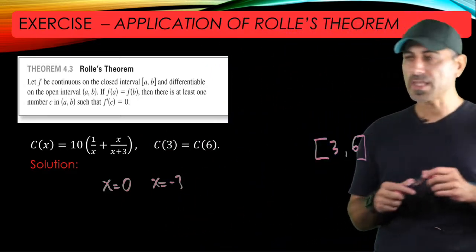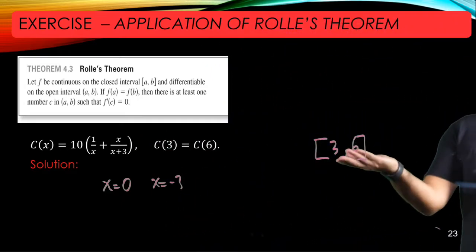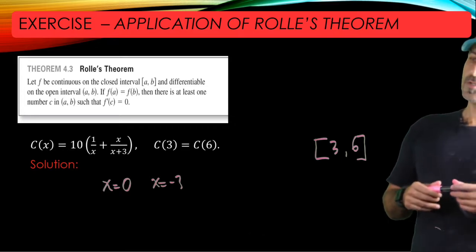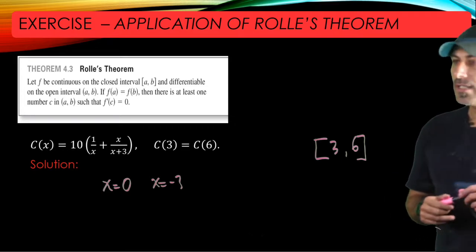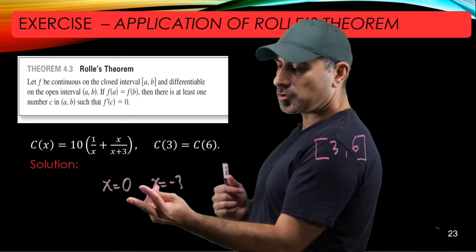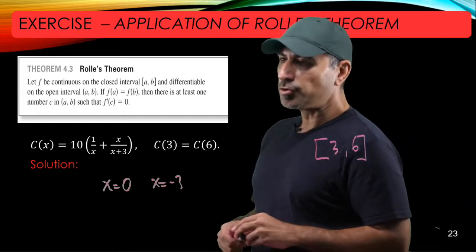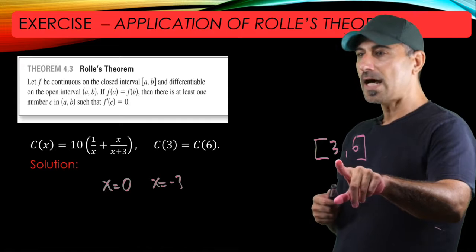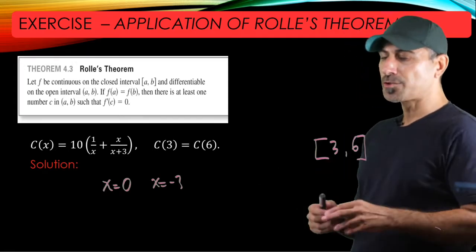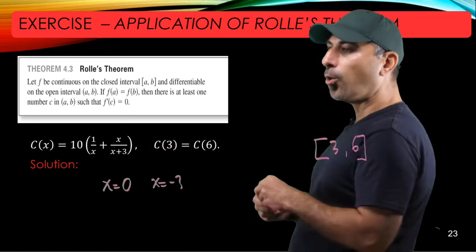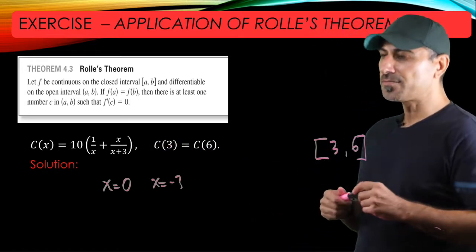But for all other x's, this function is defined, and those x's are in the domain. Even though those numbers are not in the domain, they do not belong to this interval, so there's no x violating the continuity or differentiability of this function.